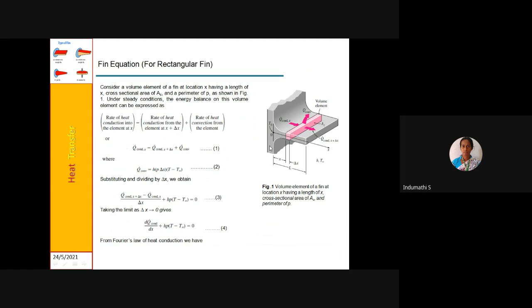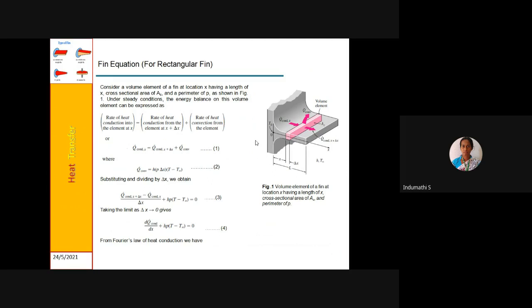Assuming the base temperature T naught of the fin to be uniform and thermal conditions at the tip of the fin to be non-variant in the z direction, and a constant thermal conductivity of the fin material with its thickness very small compared to its length, steady state conditions are prevailing. So here, one-dimensional heat conduction will exist and the temperature distribution will be a function of the x coordinate, the properties of the fin and the convective heat transfer coefficient.